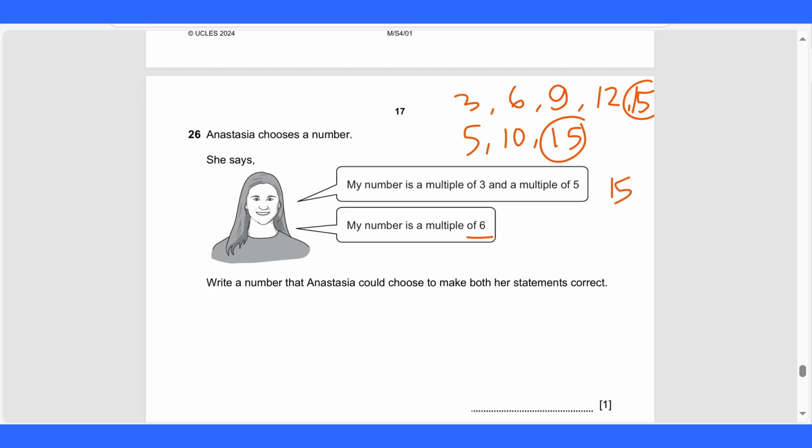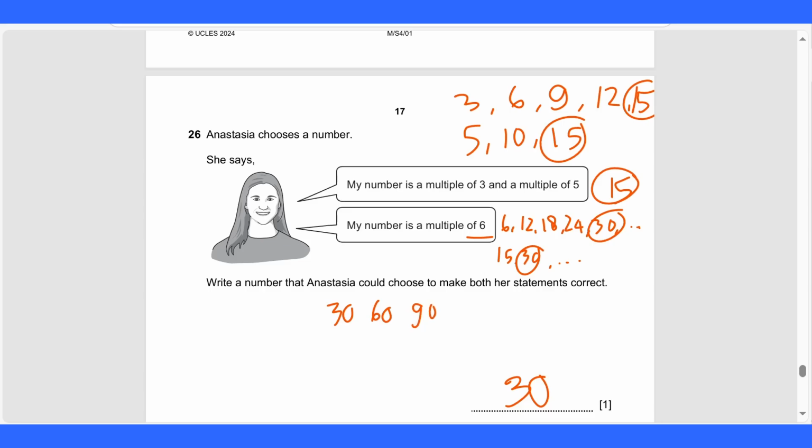And multiples of 6 are 6, 12, 18, 6 times 4 is 24, 6 times 5 is 30, and so on. So now we have to make a multiple of 15: 15, 30. There we go, we got 30. So the answer should be 30, or a multiple of 30. You can do 60, that is also fine, 90 is also fine. Any number that is a multiple of 30 should be okay.